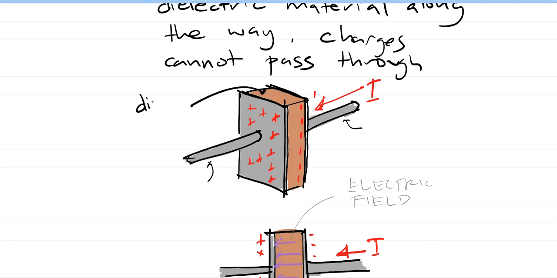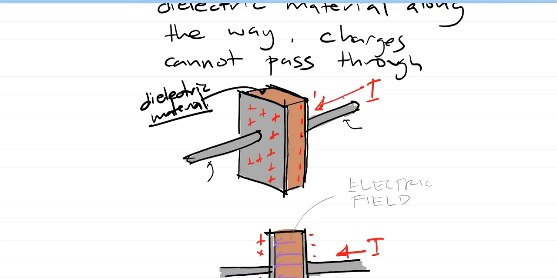Because it's a dielectric material, that means it doesn't pass any charges. I mean, it cannot pass the charge from this point to that point, right? So of course, we're just seeing electrons right here.